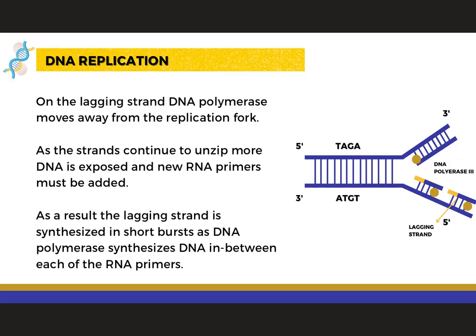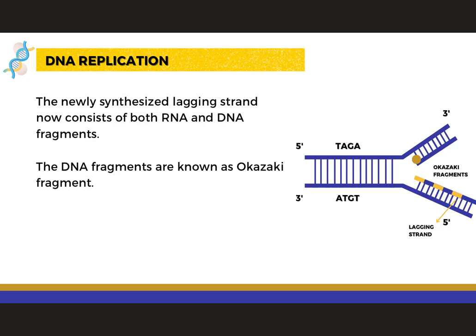And as the strands continue to unzip, more DNA is being exposed and new RNA primers must be added. As a result, the lagging strand is synthesized in short bursts as DNA polymerase synthesizes DNA in between each of the RNA primers. So, the newly synthesized lagging strand now consists of both DNA and RNA fragments, and the DNA fragments are known as your Okazaki fragments.